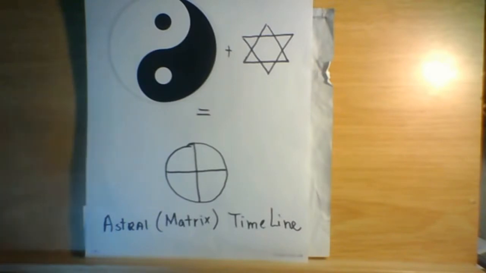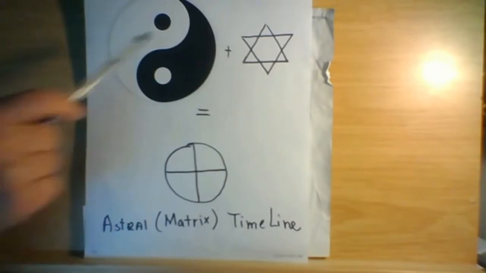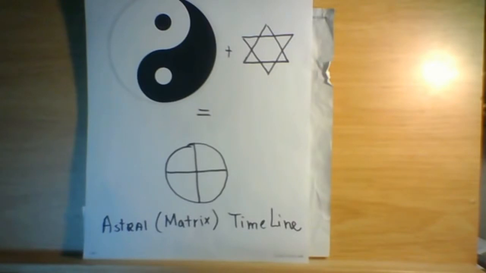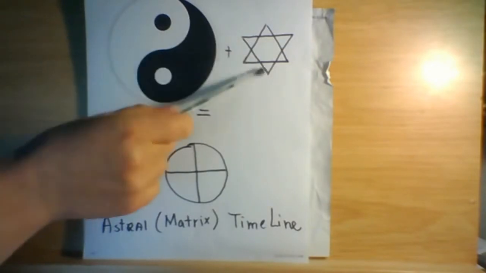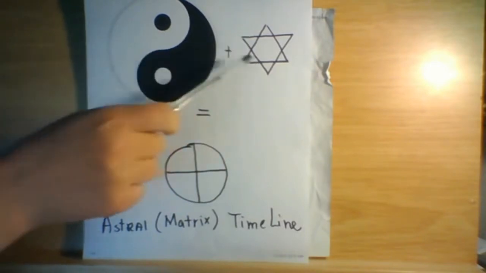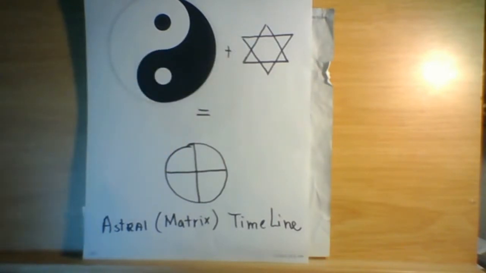We don't need to go too deep into rabbit holes to see what the symbols are. This is a time matrix loop. It is a matrix prison. And it's right there in front of our eyes. I think we see the symbols quite often because they're hidden in a lot of other symbols. These are the most simple ones.